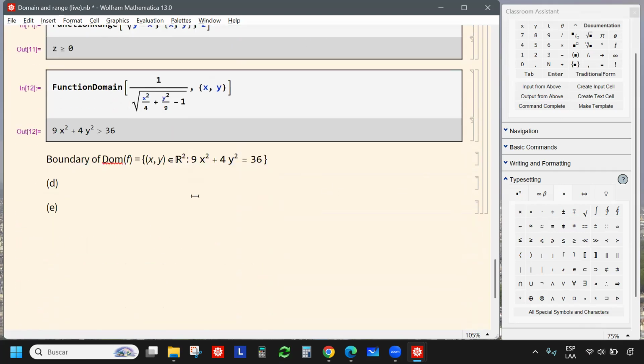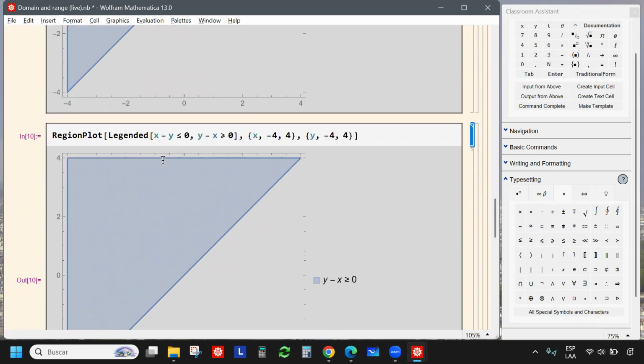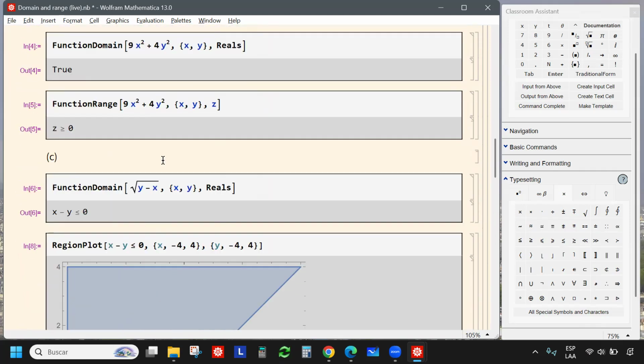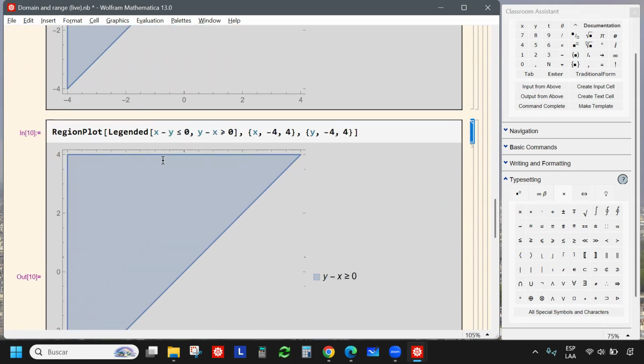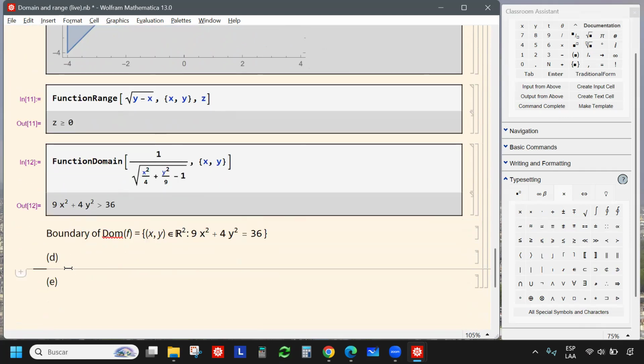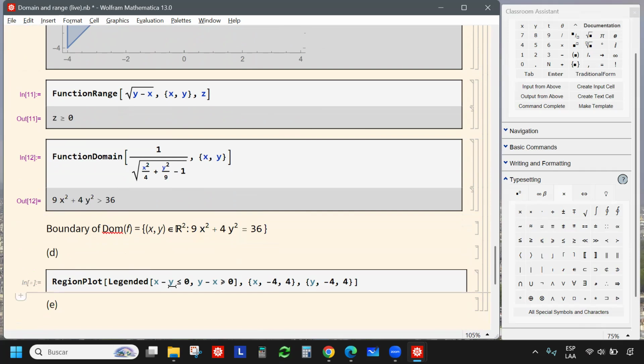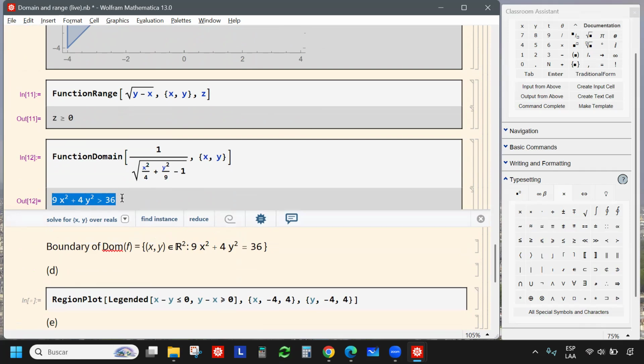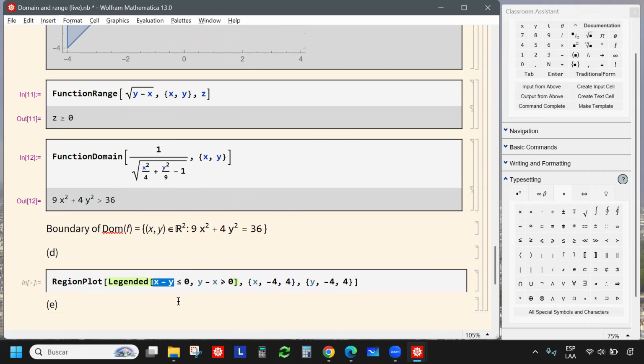We are doing this, so what I have written should be below the D here. So region plot, legend it, and here, this is the inequality that I want to represent. And this is the legend, the same inequality.